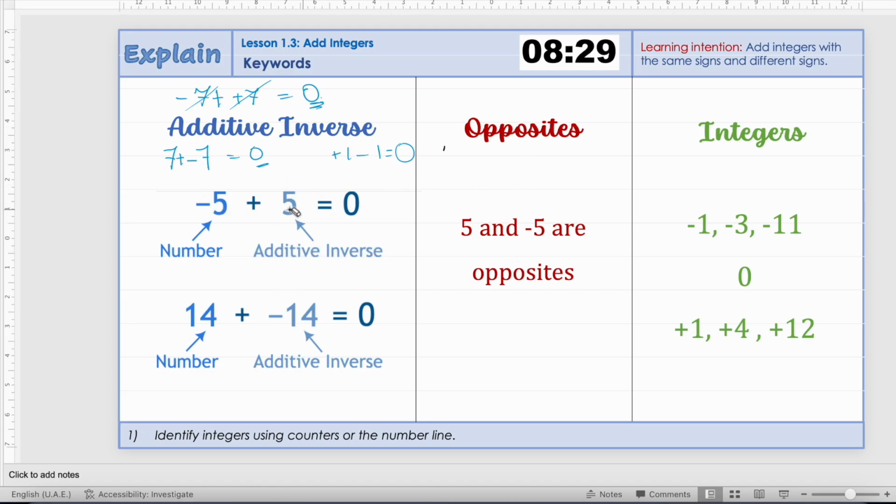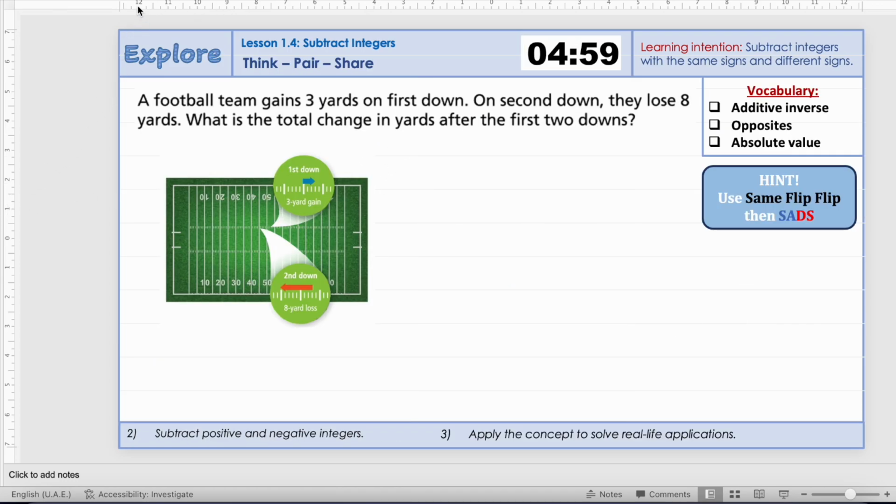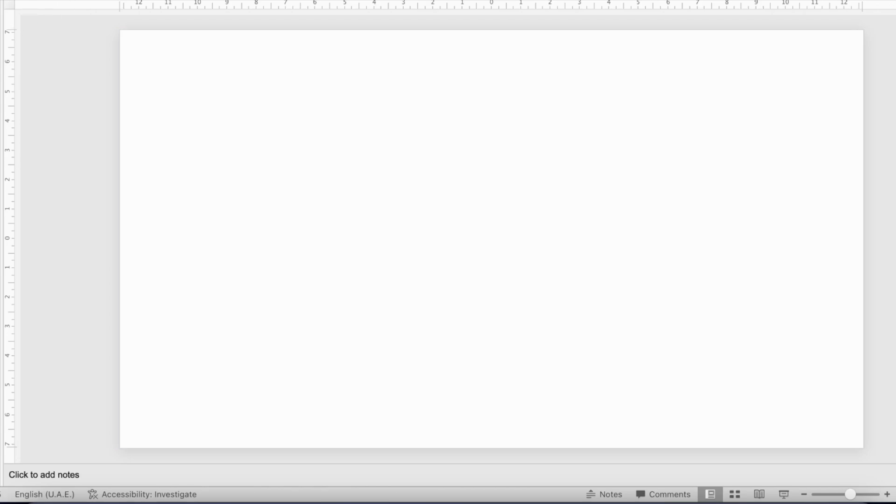They are called opposites because basically they are also additive inverses. I mean, when you add them, they are gonna give you 0. They're inverse to each other in addition, in that meaning. Okay. Anyways, so for today we're gonna discuss subtracting integers.